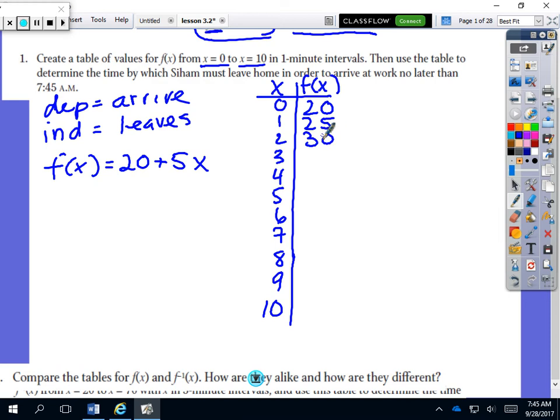And we're noticing a pattern here. Since our slope is 5 in this problem, we should be increasing by 5. Every time we add 1 minute increments, we increase our arrive time by 5 minutes. So it looks like traffic starts to get heavier the later she leaves. And from experience, I can tell you that's probably about right.